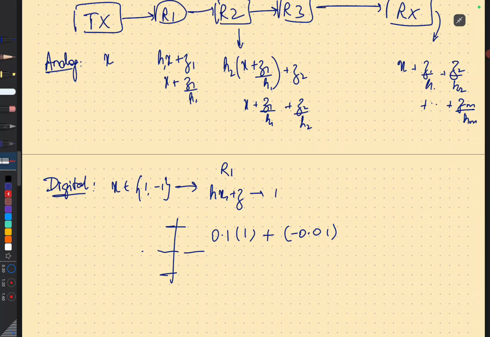But all of this is just to motivate the point that there is a lot of advantage in going from purely analog to a digital system. All right? Because a digital system can get rid of some of these nasty effects of noise. In an analog communication system, there is no hope of getting rid of that noise.